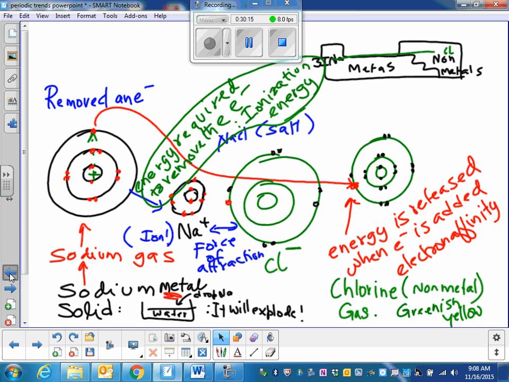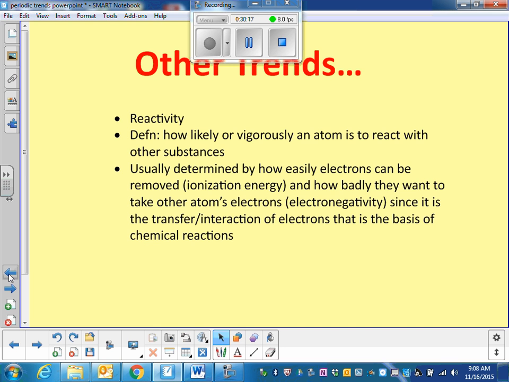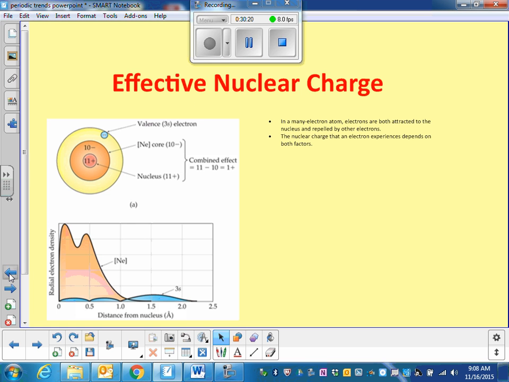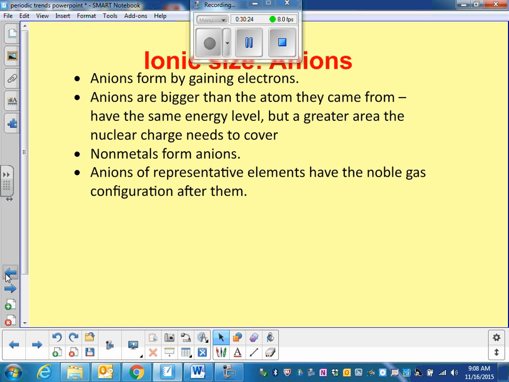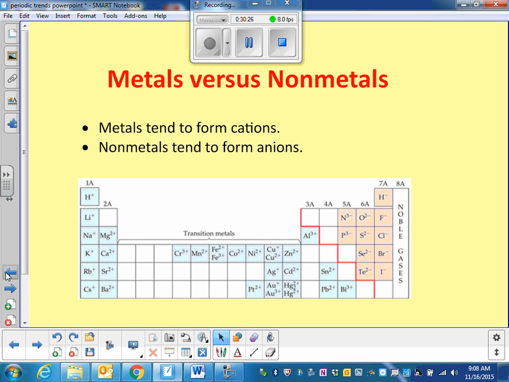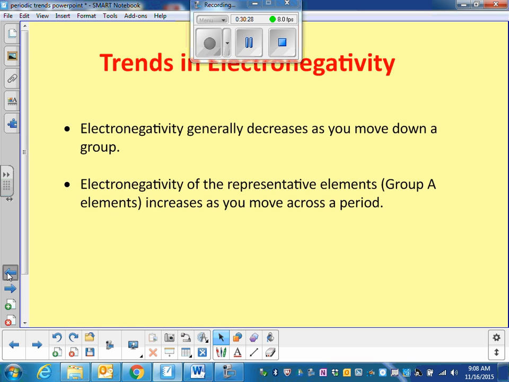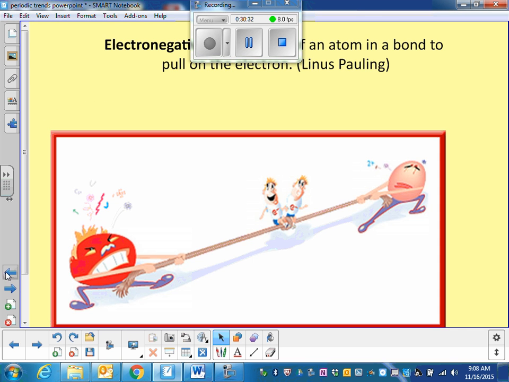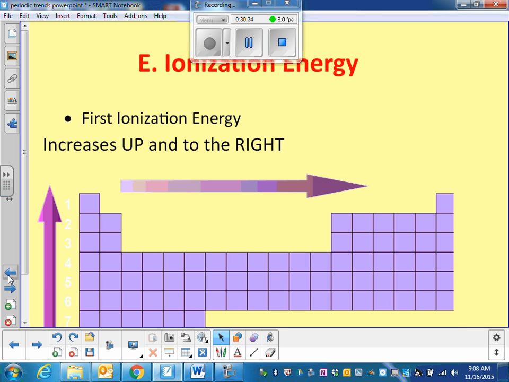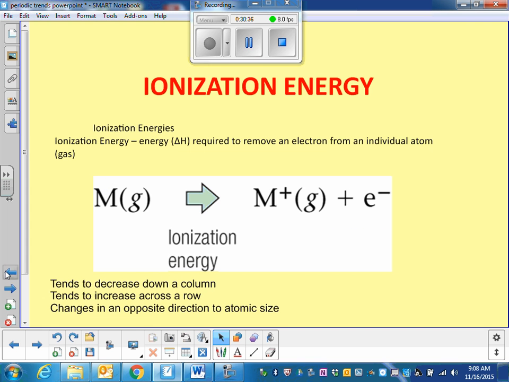All right? We're going to move on and go back to ionization energy. What is ionization energy? Energy required to remove an electron. Very good. I love that kids are able to say before I teach this. Ionization energy is the energy required to remove an electron from an individual atom in the gas state.